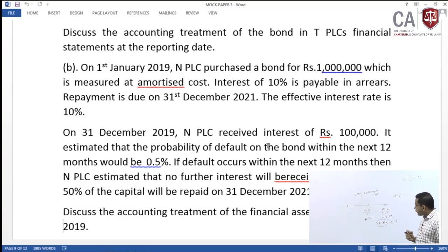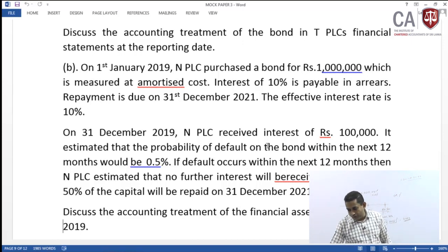To calculate expected credit loss, it is multiplied by the weighted probability. So then 586,777 into 0.5%, it is just 2,933, and this is the amount by which the provision for impairment should be created. So that is the answer for part B, question number 3.